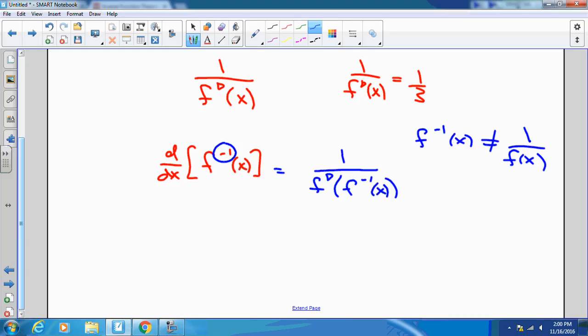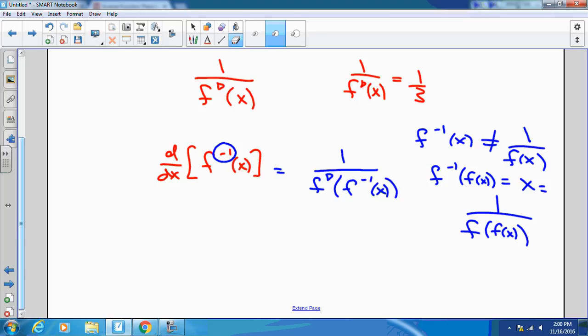So, we would have to have f of x equal to 1 over x. Yeah, I don't think there is any such function.